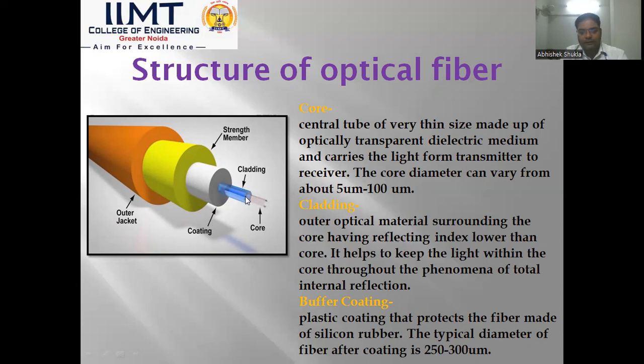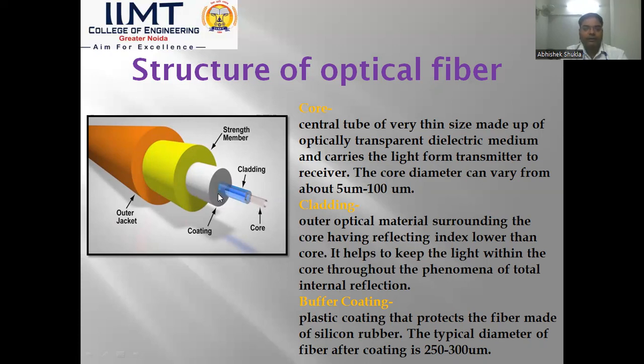Otherwise, if this specification is not fulfilled, then proper transmission of our data will not occur. So it keeps the light within the core through the phenomenon of total internal reflection. Now, buffering is to protect these two components, the cladding and the core.